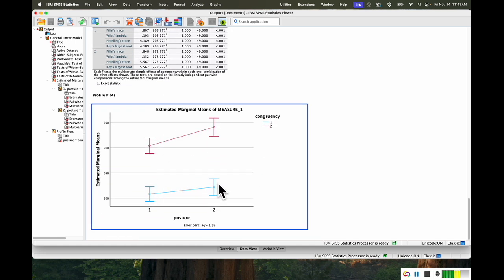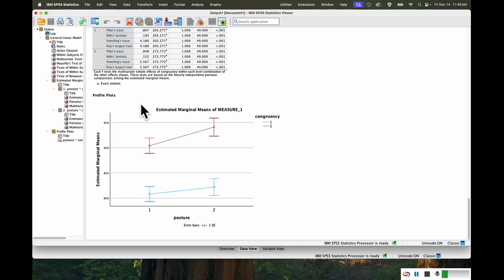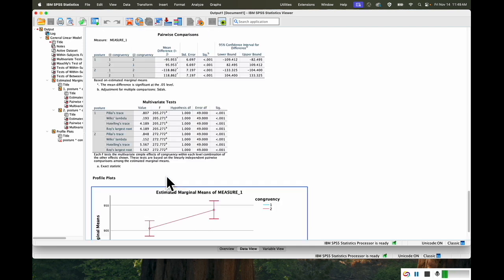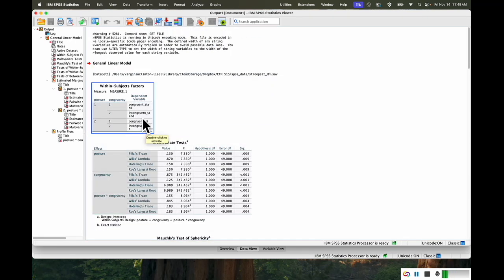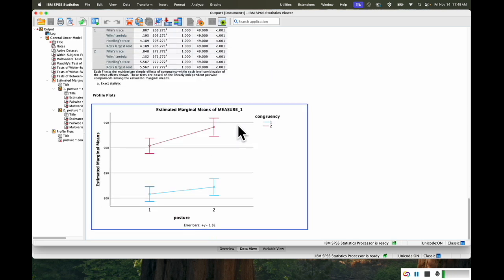And you can visualize this in the graph. You can see that within posture 1, the means are closer together than within posture 2. Again, posture 1 was, let's scroll back up here, standing. Posture 1 was standing, posture 2 was sitting.